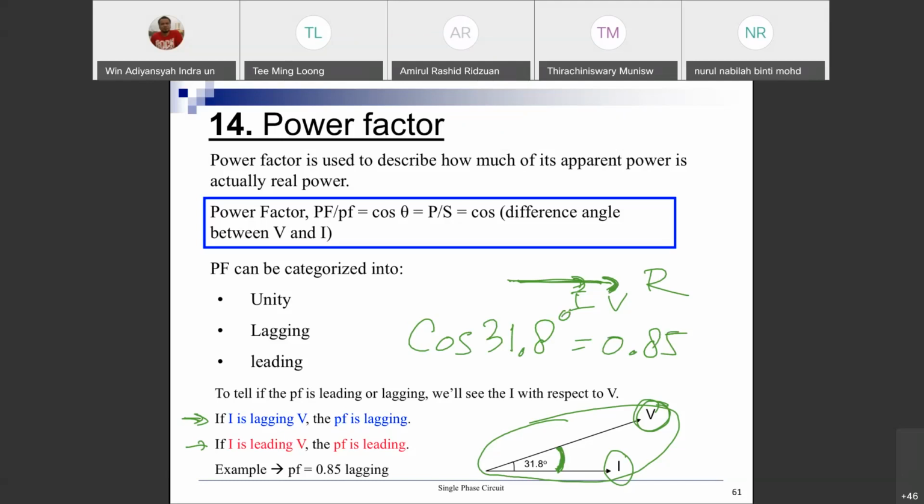This is important because it is used to measure the usage for your electricity bill, power factor.